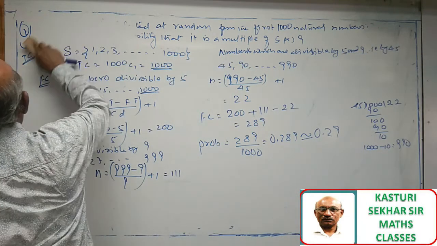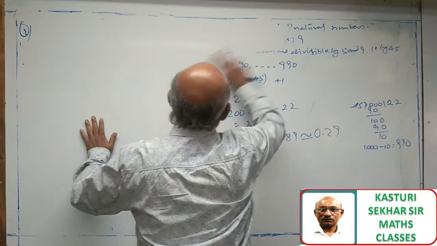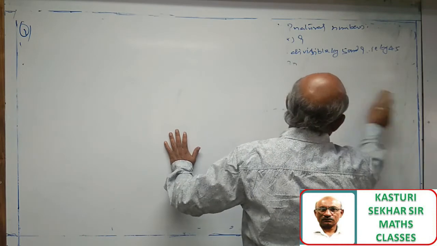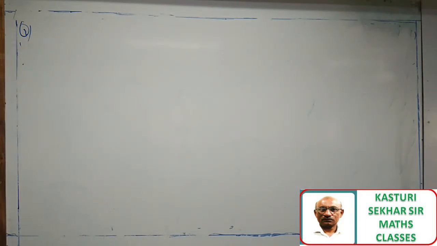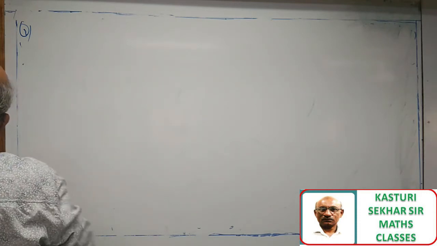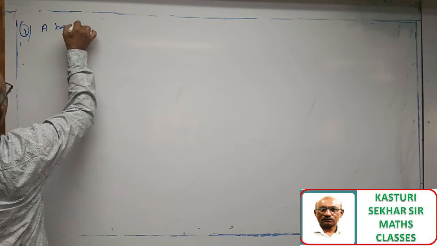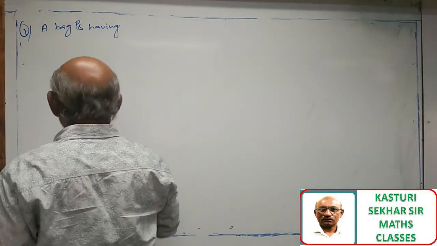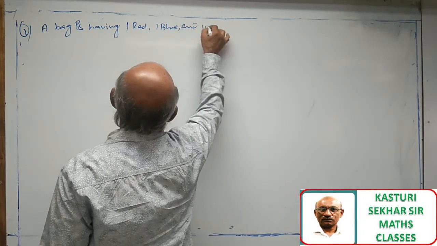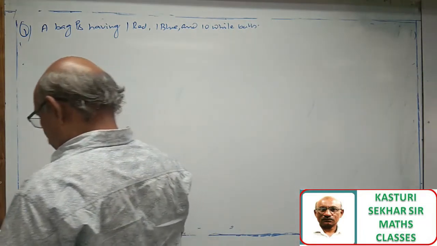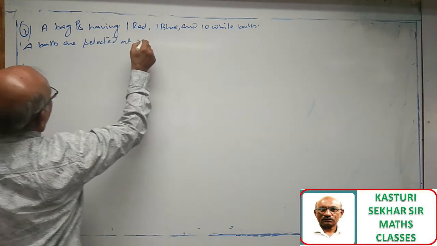Okay. Now next question. A bag is having one red, one blue and 10 white balls. 4 balls are selected at random.